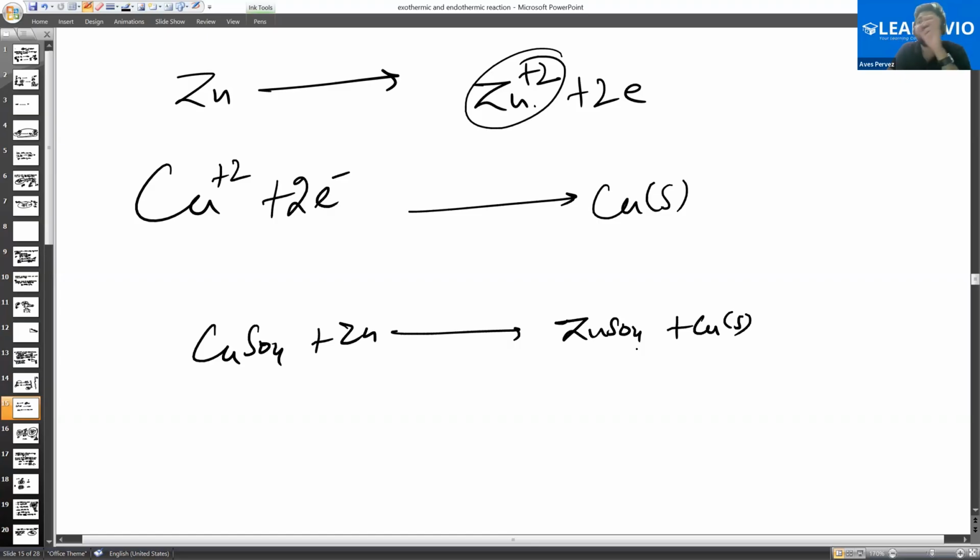Okay. Simple, everything in the universe will like to shift to the portion where it is more stable, more easy.